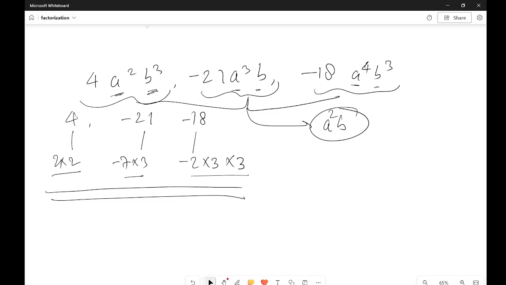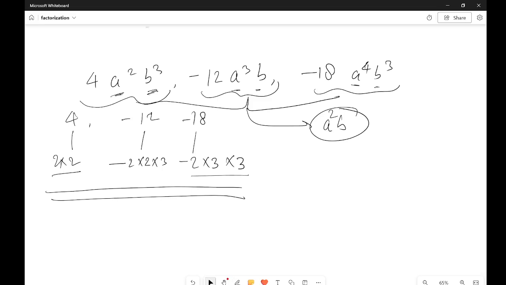but let's change the constant here. So instead of 21, if I say 12, now this will be minus 12, right? So what can be the expression of minus 12? This will be 2 multiplied by 2 multiplied by 3. Now let's see what will be common.